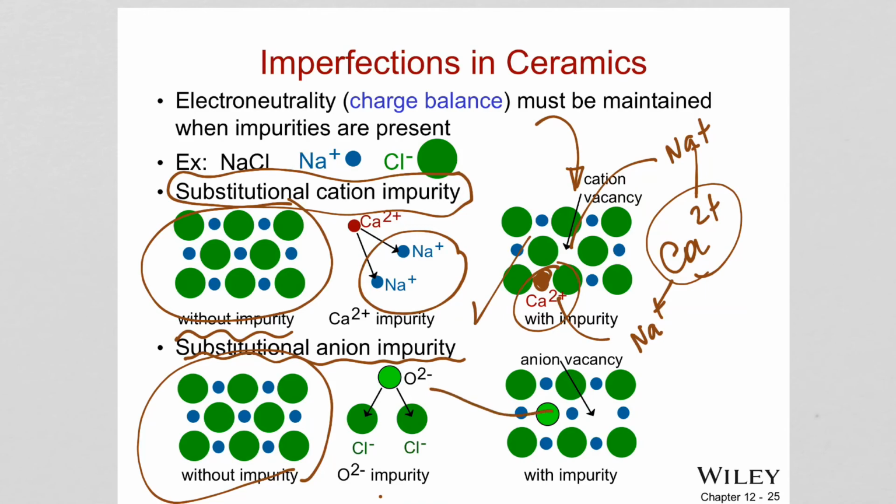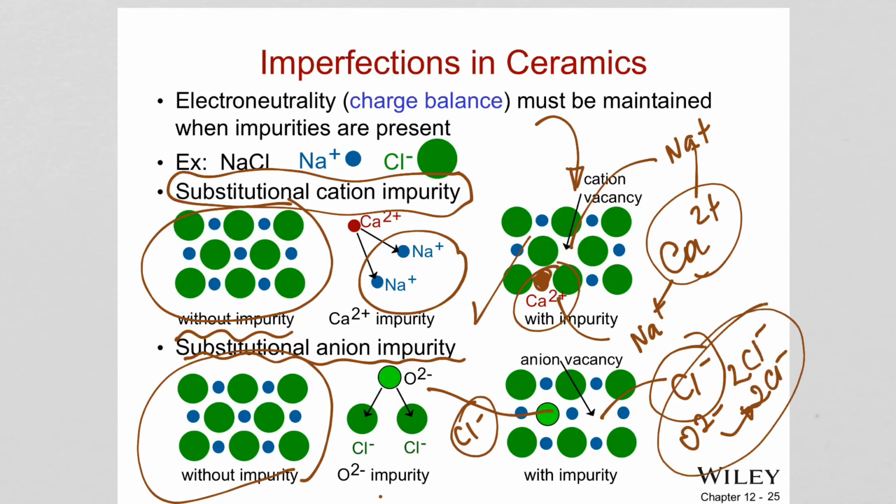So here the impurity comes and replaces a chlorine anion, one of them. So one of them is gone from here and the other gone from here. So then the oxygen replaces 2 chlorine in the structure. Okay. So at the end, the idea here is that overall the charge neutrality has to be preserved if there is a defect, if there is an impurity. The formation of defects is also rather complex compared to other structures.